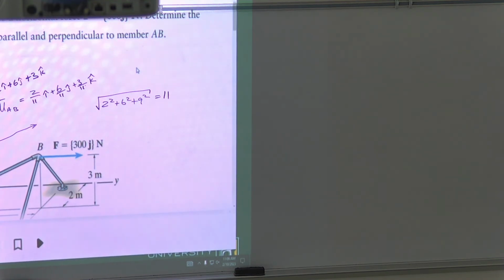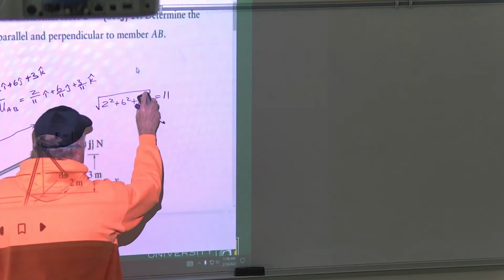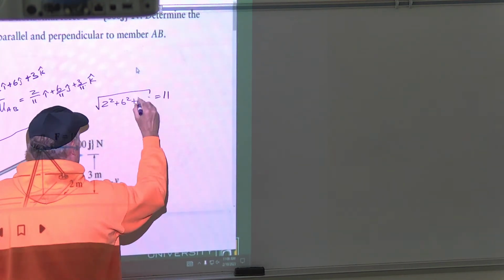It doesn't add up to an even number. So that dot product would be 300 times 6 over 11. For the magnitude, 9 squared, but it's supposed to be 3 squared. Oh, it's supposed to be 3 squared. I was about to say that.